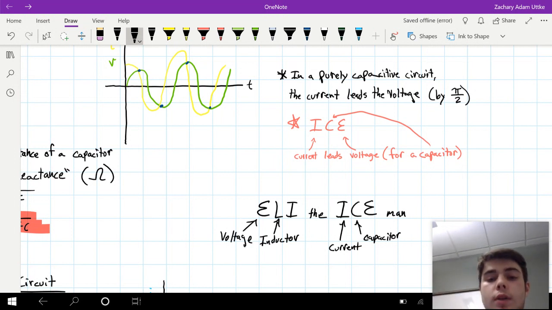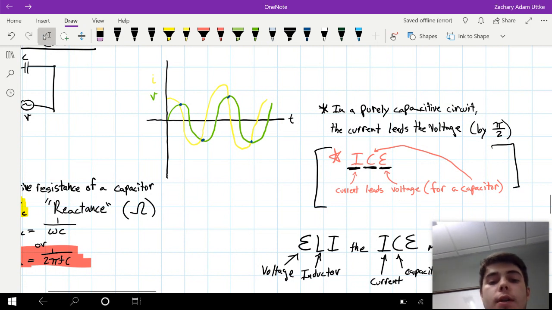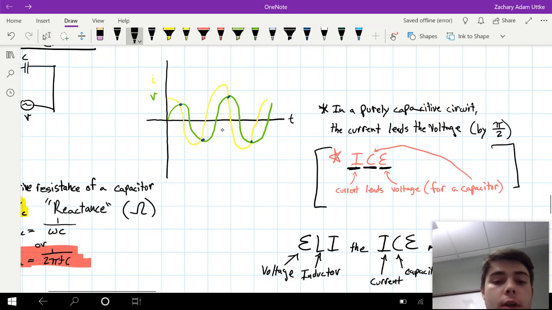Okay, so as we have right here, for a capacitive circuit, we have that the current I is coming before E, the voltage. So this is for a capacitor, which is what the C means. I is for current, E is for voltage. So just remember that. And we can see it on this graph right here, actually.